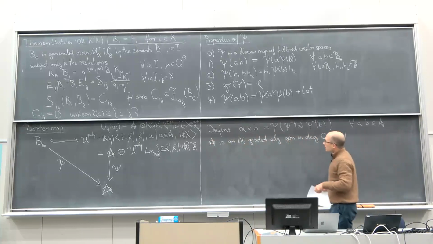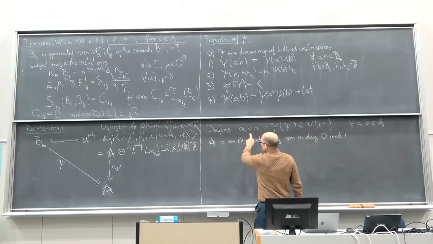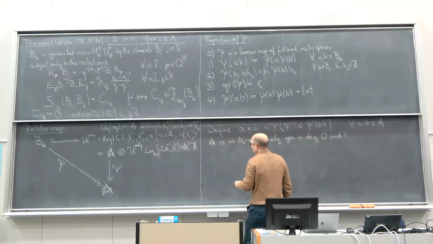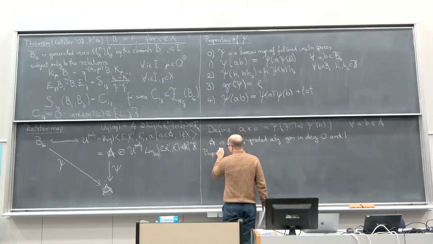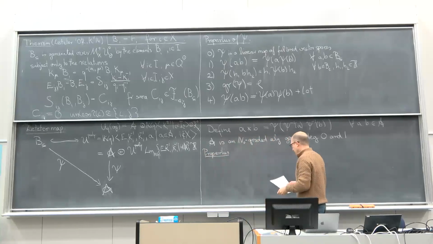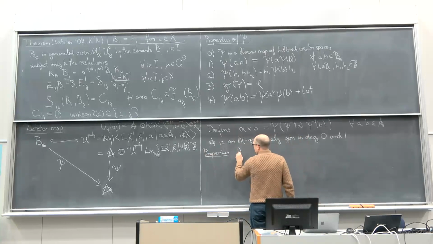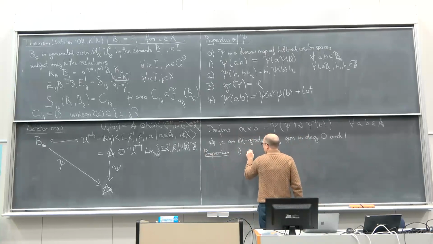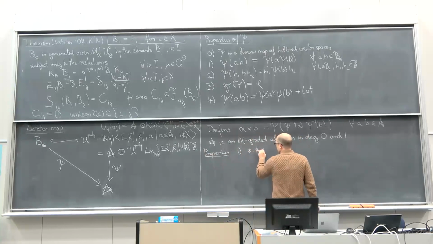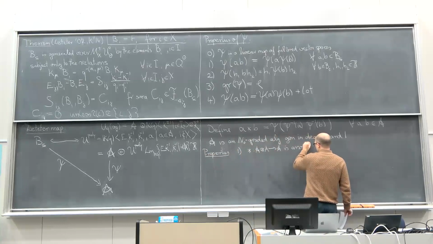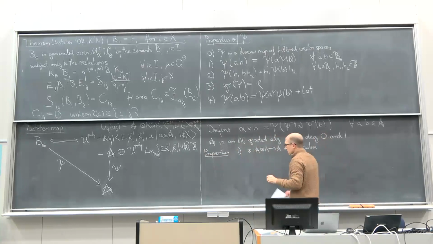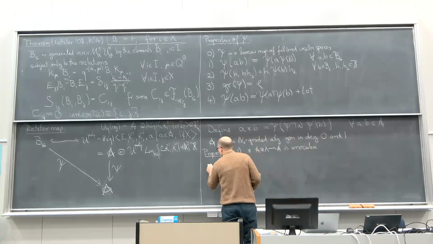And so now we have this new product on this algebra A. Let's list some properties of this new product. So first one I said already. So star is an associative algebra structure.